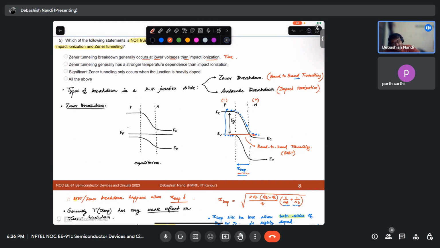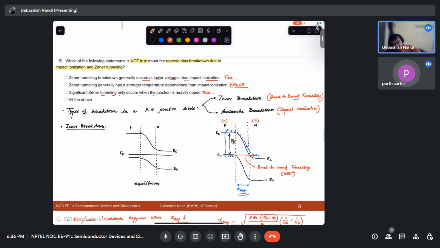This statement is false, right? Impact ionization or avalanche breakdown has a higher temperature dependence. Okay? And significant Zener tunneling only occurs when the junction is heavily doped. Is it true? It is true. So, all of the above, no, we mentioned which is not true. This one is false, right? So this will be the answer.